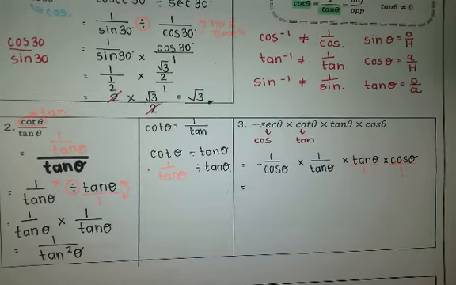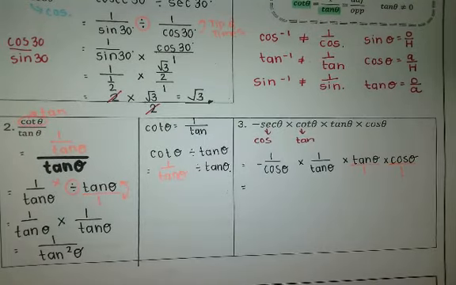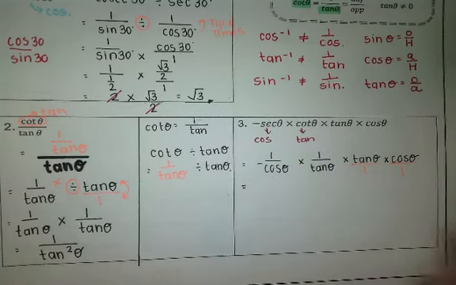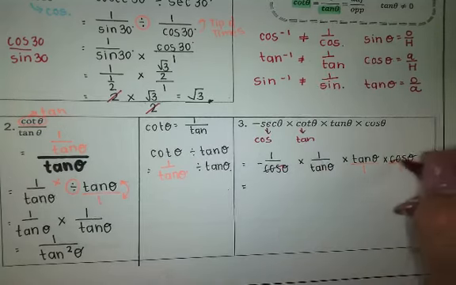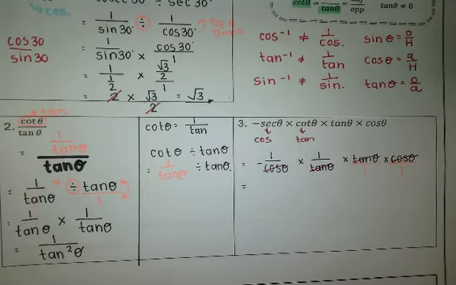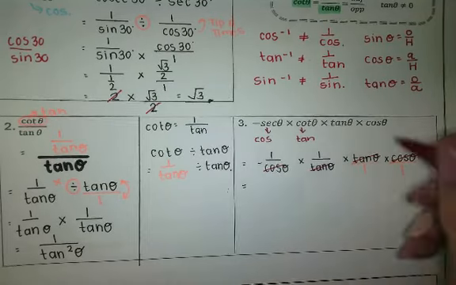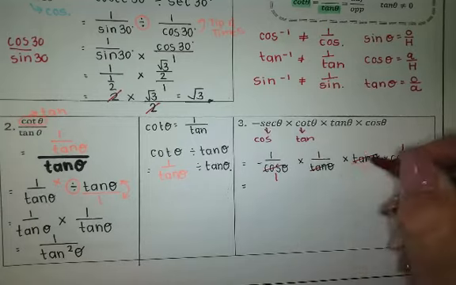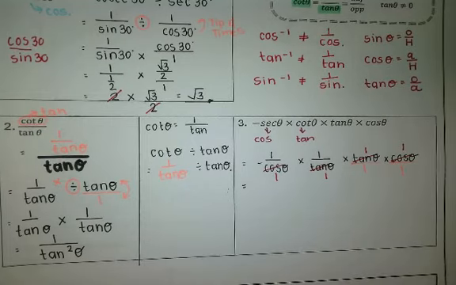So basically the goal is to make everything the same concept. Okay, what can we see? What can cancel? Cos and tan. Remember it doesn't cancel, it's cos divided by cos, which is 1 over 1. Tan divided by tan, which is 1 over 1. So what's our final answer?